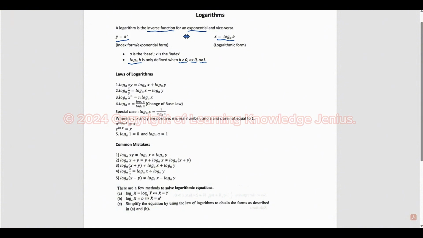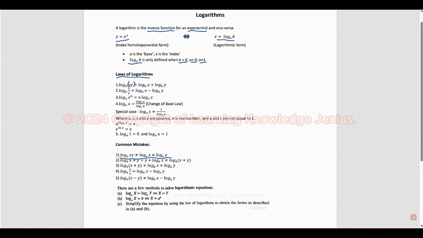Then we will talk about the laws of logarithm. It's slightly fewer than the indices laws. You can have log a xy, and split it into log a x plus log a y. A common mistake is this one. A lot of students will confuse it and think that log a xy is equal to log a x times log a y.